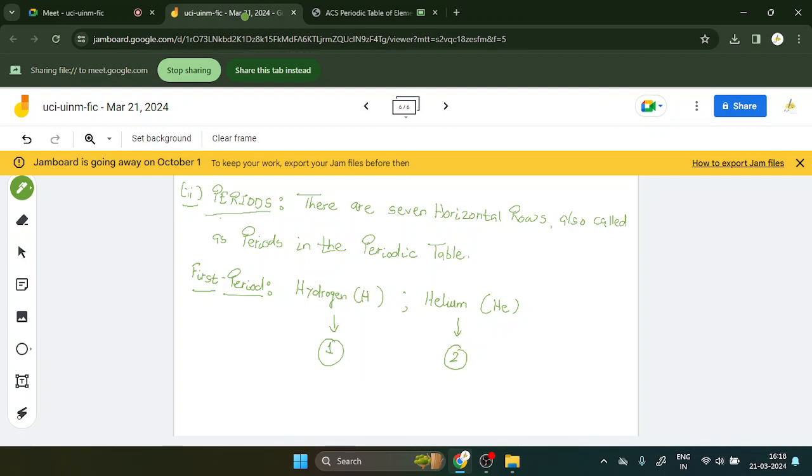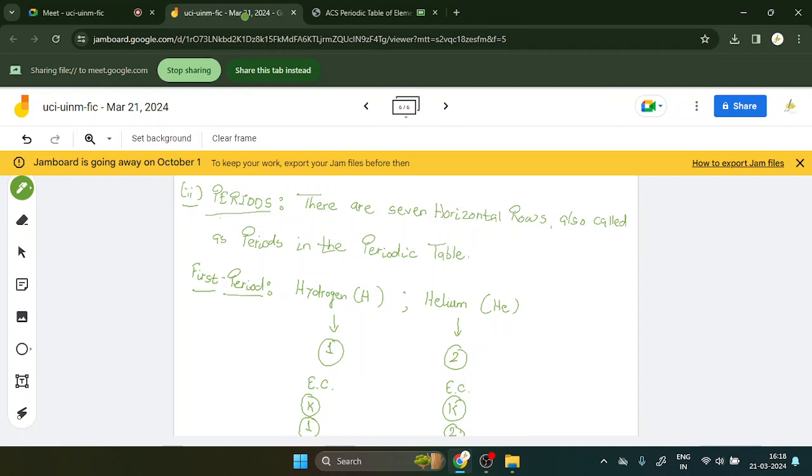Just write the electronic configuration. The K shell will have only one electron, which means only the K shell is there. Whereas in helium, the electronic configuration is 2. Only one shell is there and at most 2 electrons. Helium is a noble gas, right? The duplet is complete, and that's the reason a stable electronic configuration is there. So only the K shell is there in the first period.